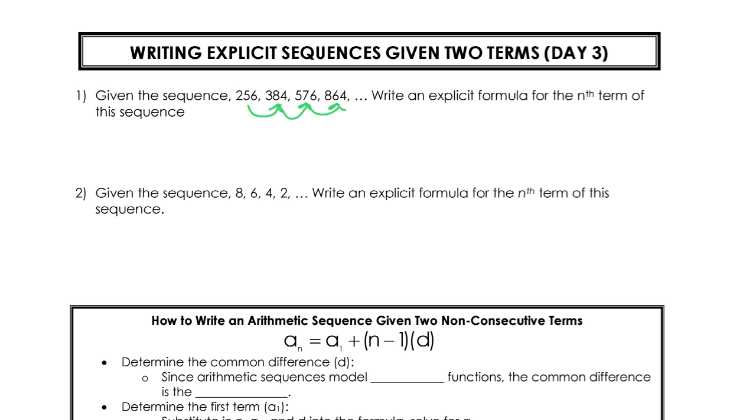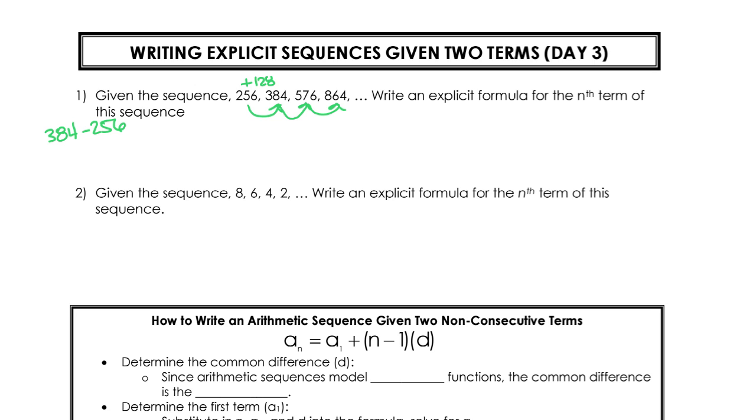So if we take 384 and we subtract 256, 384 minus 256, that is adding 128. So for instance, if I take 256 and I add 128, I get 384, but then if I add 128 again, I get 512, and this is 576.